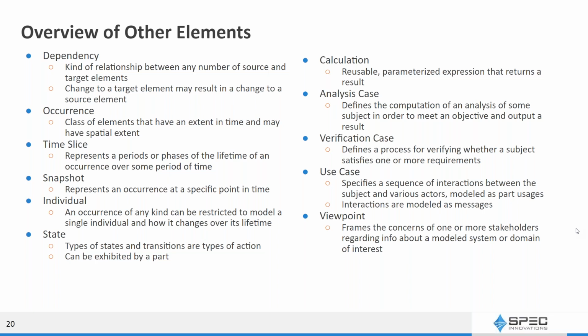A verification case defines a process for verifying whether a subject satisfies one or more requirements. And a use case specifies a sequence of interactions between the subject and various actors, modeled as part usages, and the interactions are modeled as messages. So use cases are pretty much the same as they were in V1.